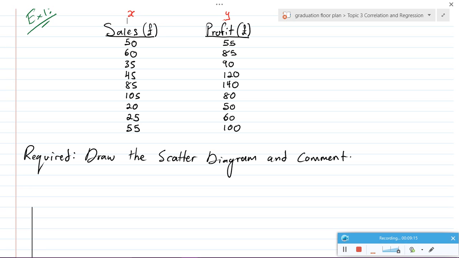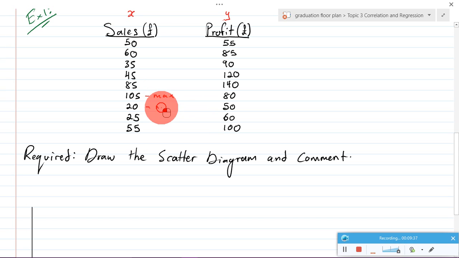So this is the maximum. Minimum? 25? Okay, that's a minimum. So we can start from what? You can start with 20, 40, 60, 80, 100. Up to you.